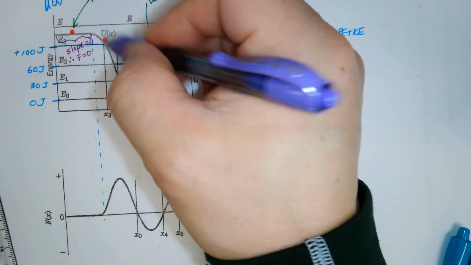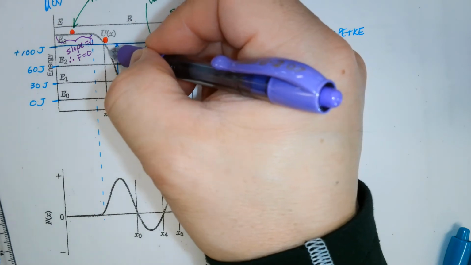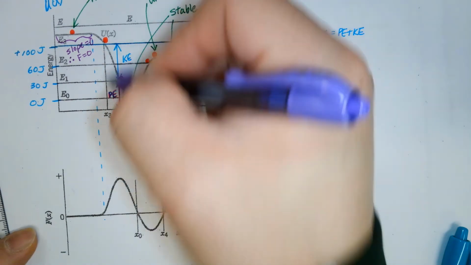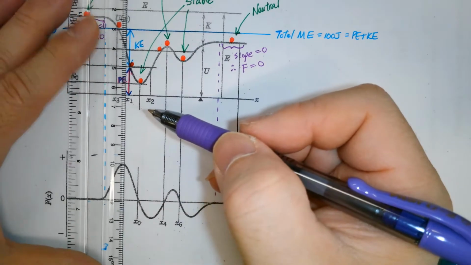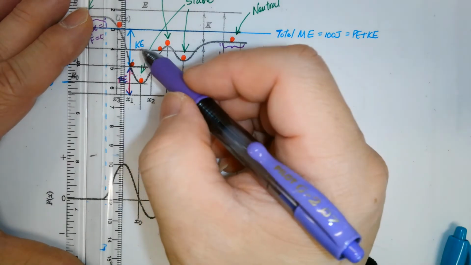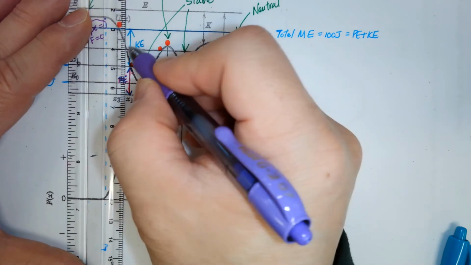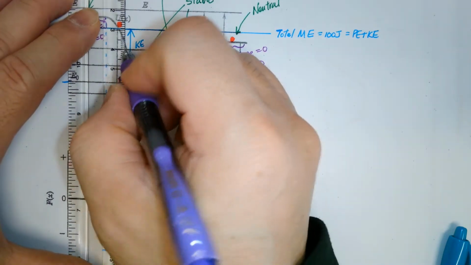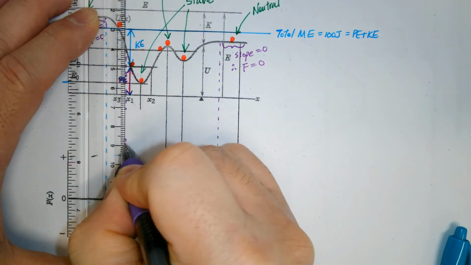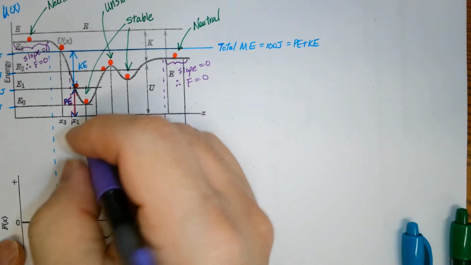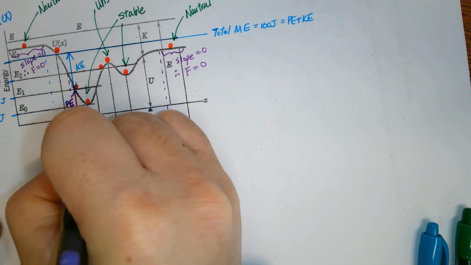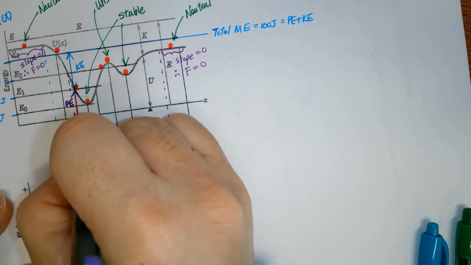When your slope value is negative, your force is negative of negative, which is positive. At the inflection point, you're going to get the maximum force value.